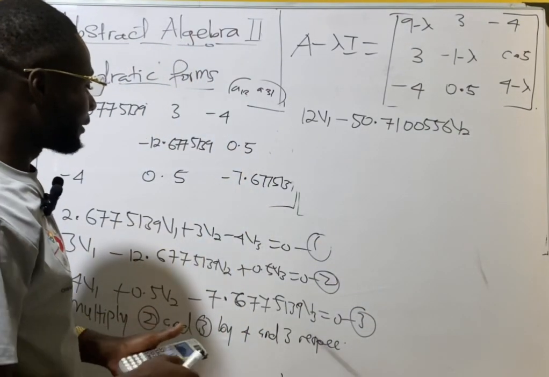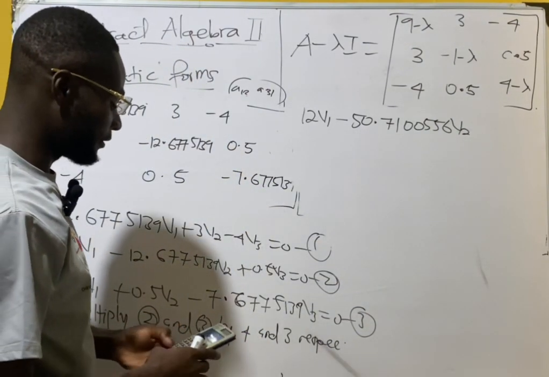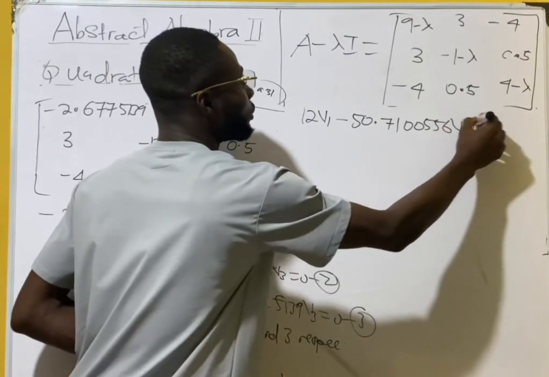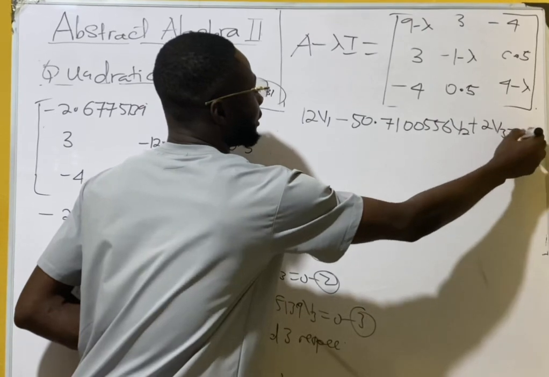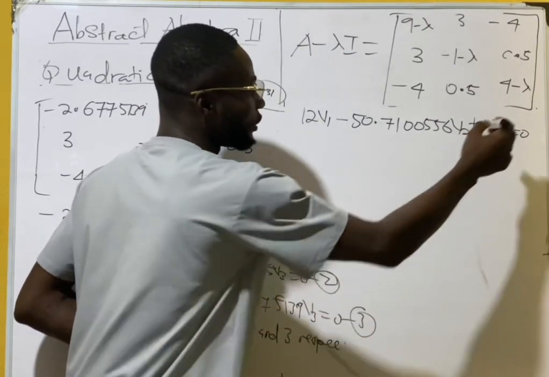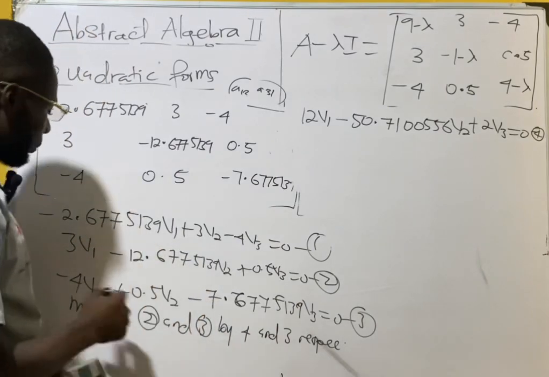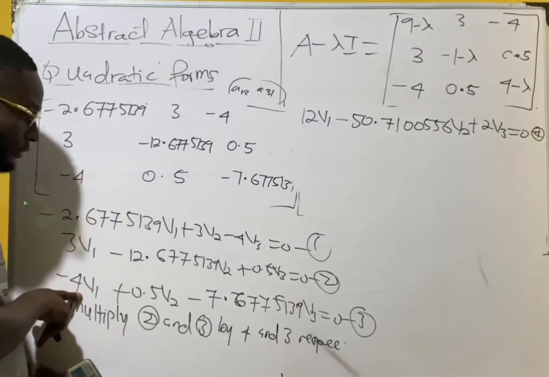Then 0.5 times 4 will give us plus 2V3, and that is equal to 0 for equation 4. Okay, we do the same process for equation 3.